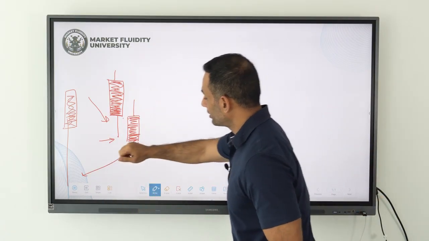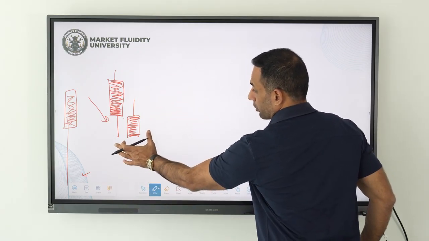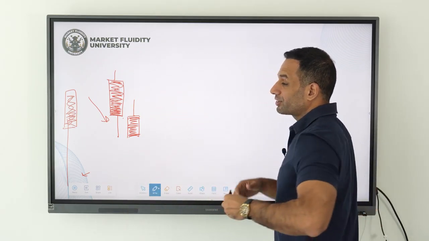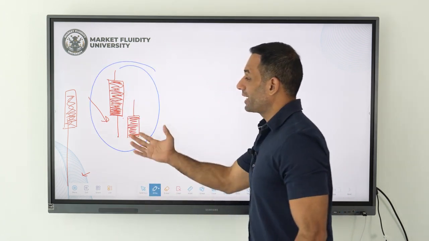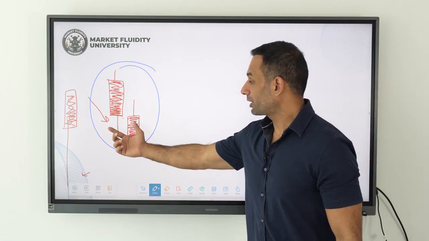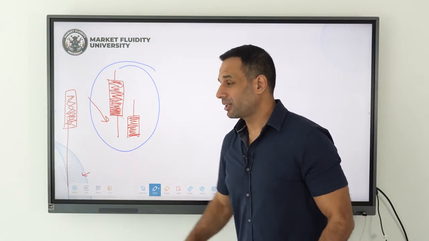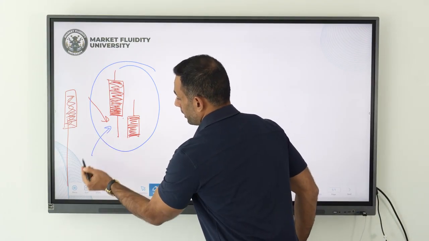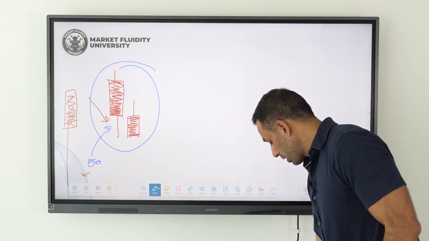Because what we need to understand is, if this is the daily candle, what's the market structure that looks like to create this daily scenario? Let's say you're looking at a gold daily candle, then this wick could be a 40 pip wick, 50 pip wick, it could be that.